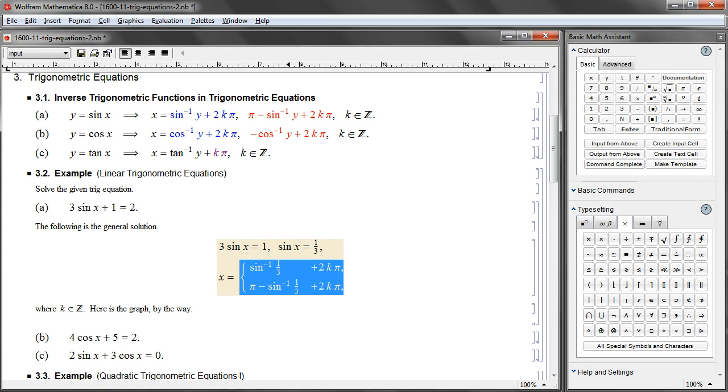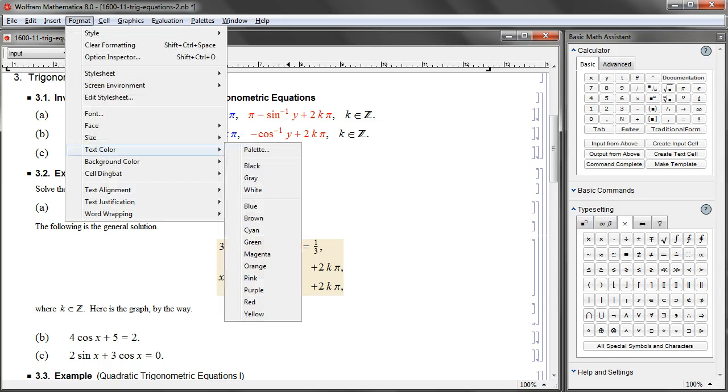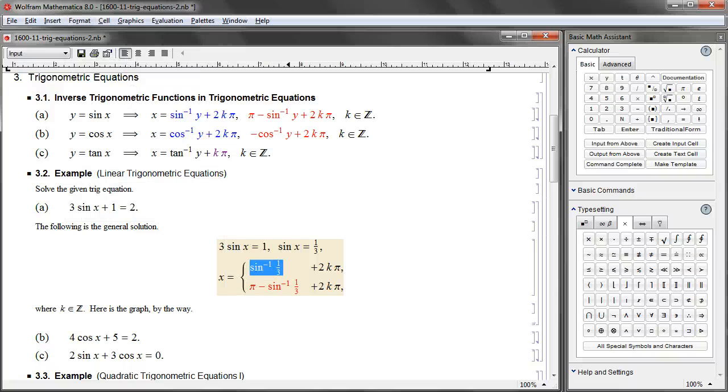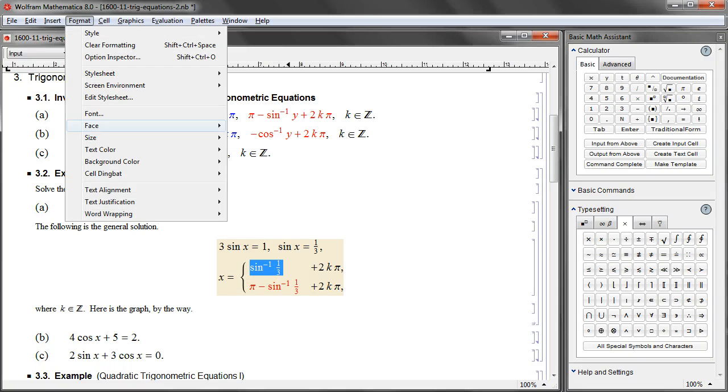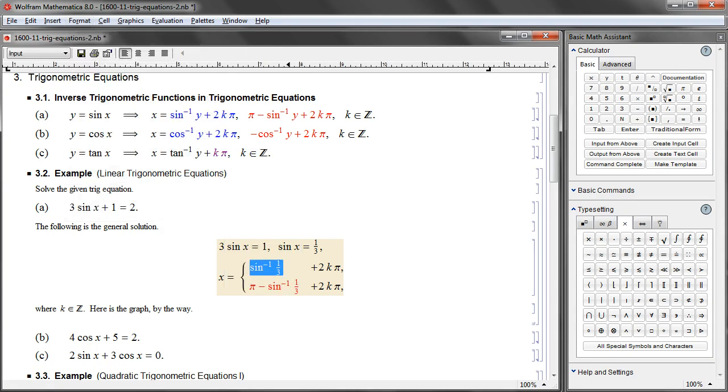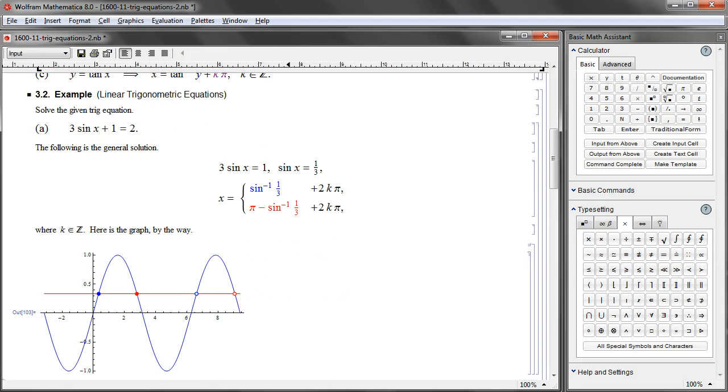You get one solution, arc sine of 1/3, the blue solution, and then the red solution. Maybe it's a good idea to color code them, red and blue. So arc sine gives one solution, and then pi minus that gives another solution. And then that pair of solutions will be repeated in the next period, as you can see here, and then the next period, and then the next period, also to the left hand side.